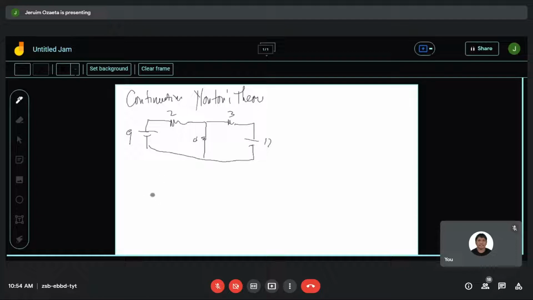Ngayon, our equivalent resistance will be by short circuiting, you open circuit the 4 ohm resistor and short circuit the sources.